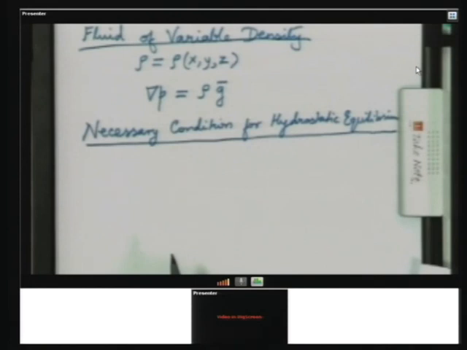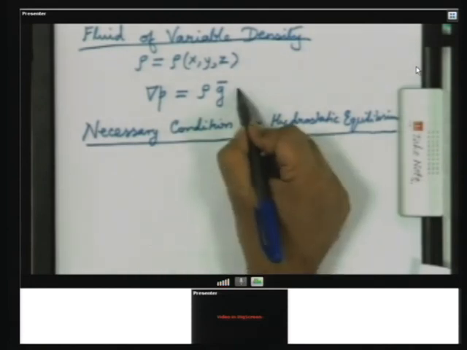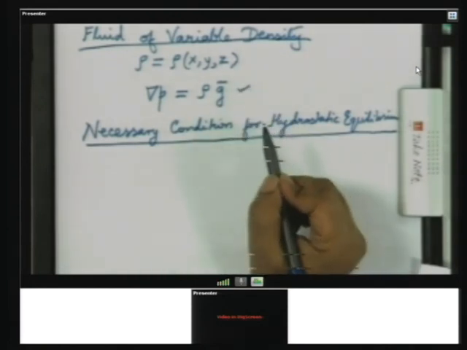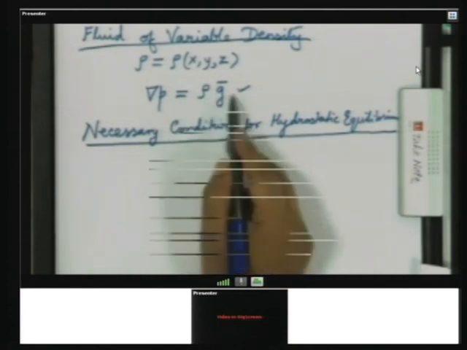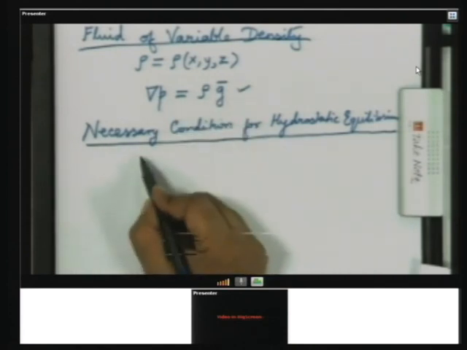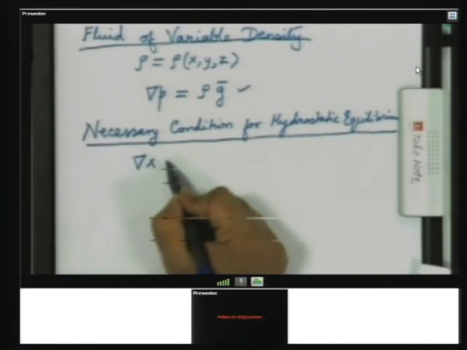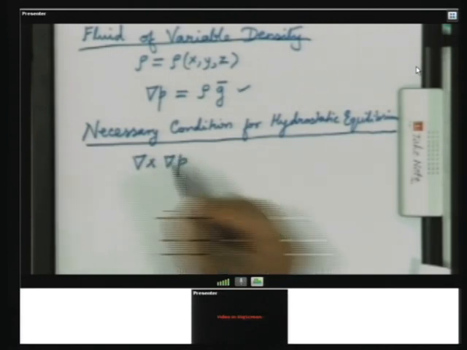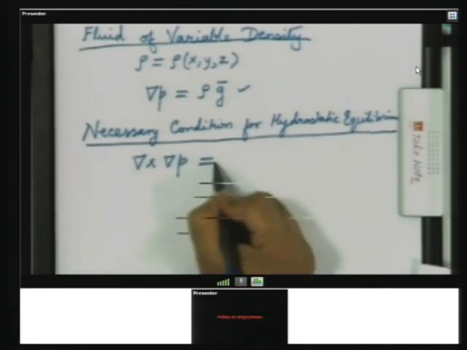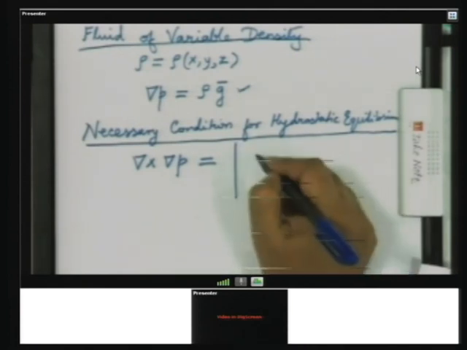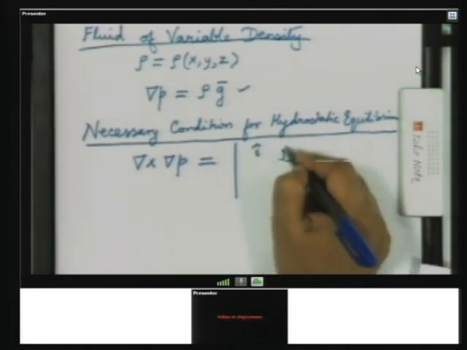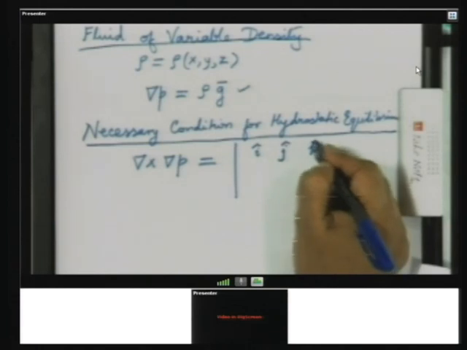Now, suppose I look at this equation here, which is a vector equation. I can take the curl of both sides of this equation. So, if I take the curl of the left hand side, this is given by this determinant, where in the first row you have the unit vectors i, j, k.